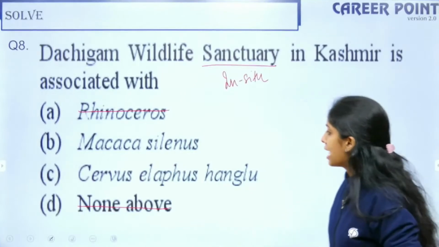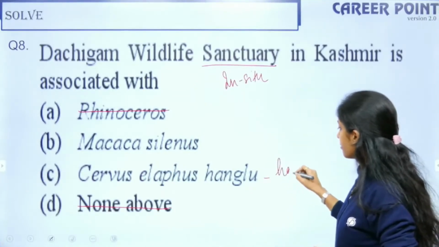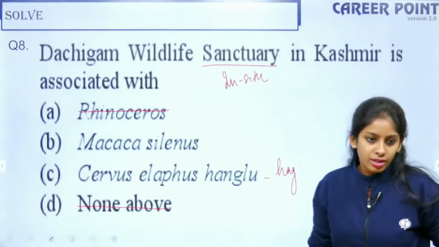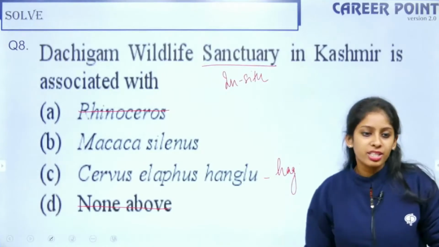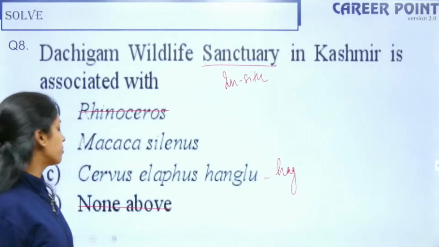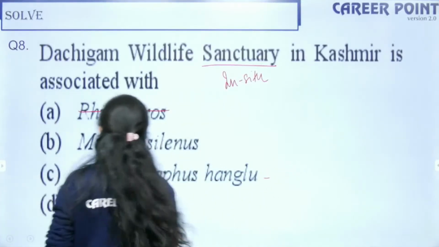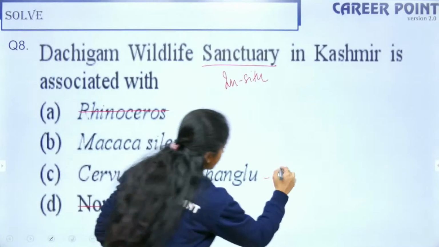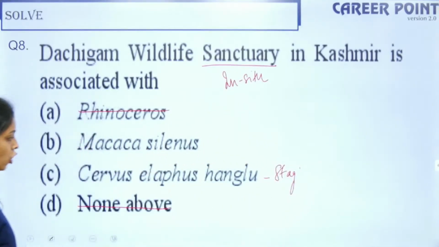It is Cervus elaphus hanglu. So this is your Kashmiri stag. Okay. So this is present in your Dachigam Wildlife Sanctuary. Yes, it is option C. Yes, this is the right answer.